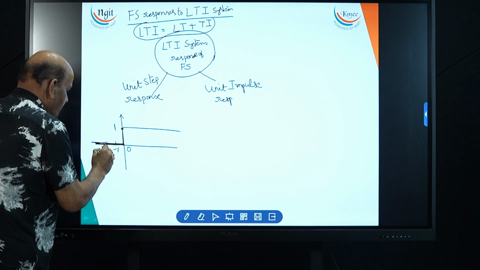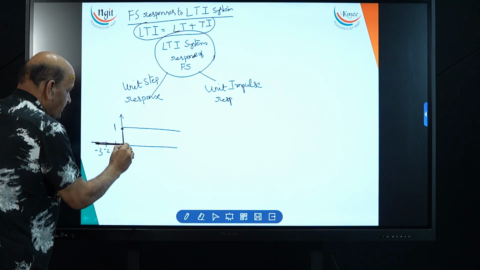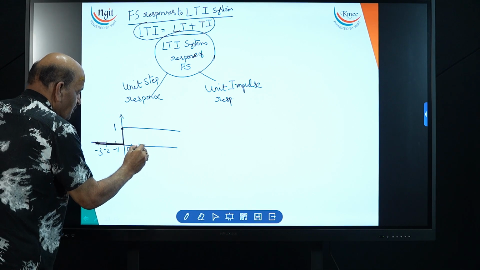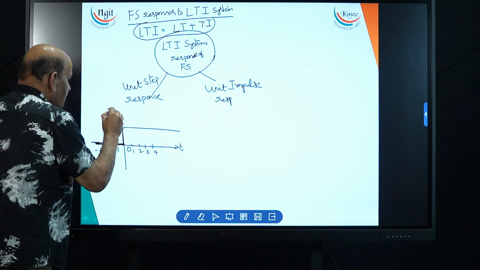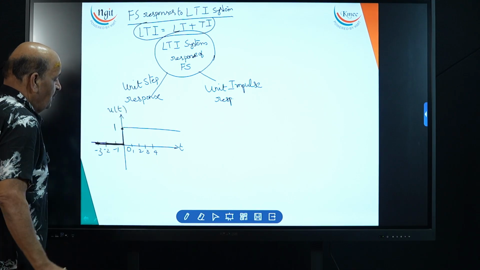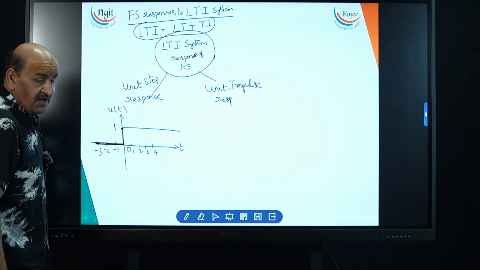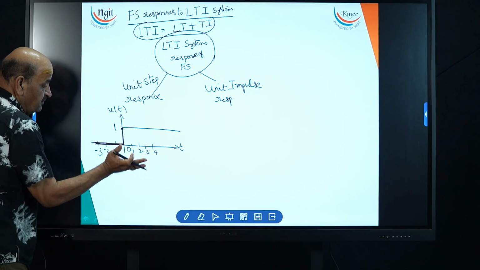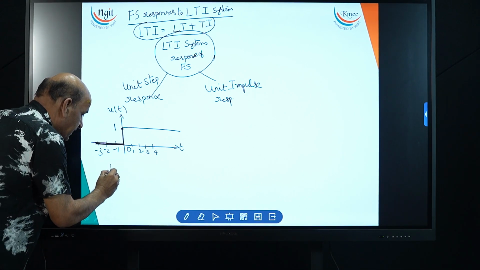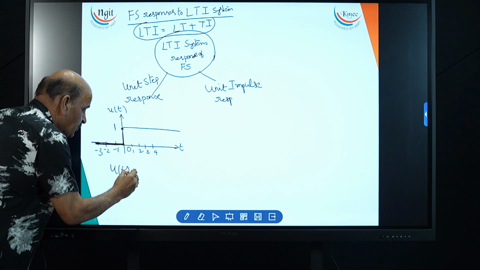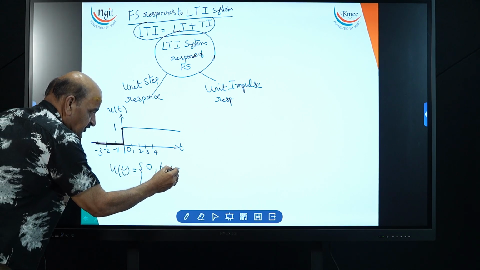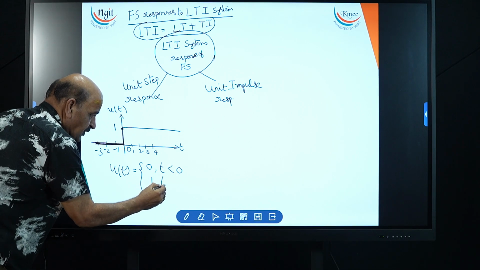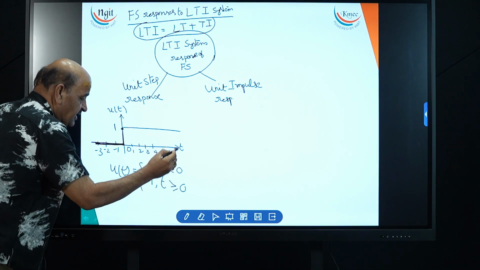This is -1, -2, -3, 1, 2, 3, 4. This is called the unit step function. We already discussed it in the previous class. The mathematical representation of the unit step function: it equals 0 when t is less than 0, and 1 when t is greater than or equal to 0.